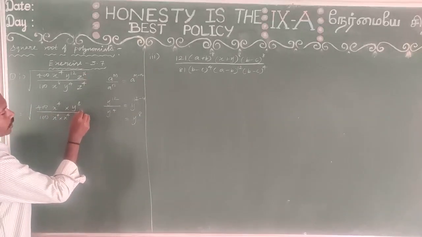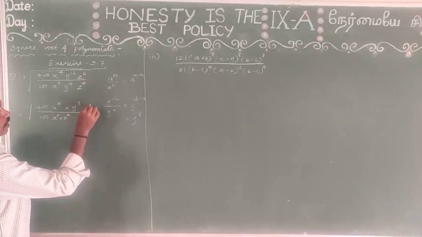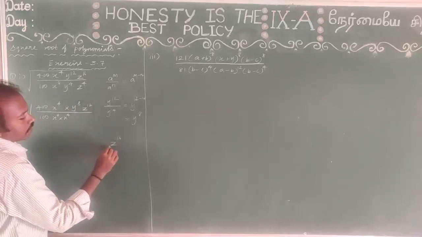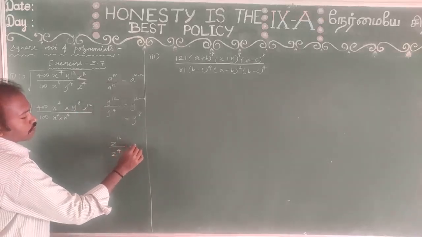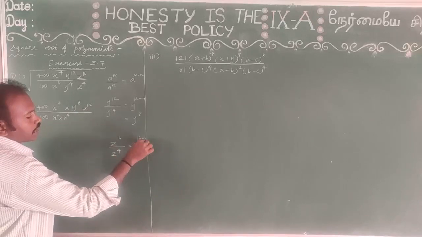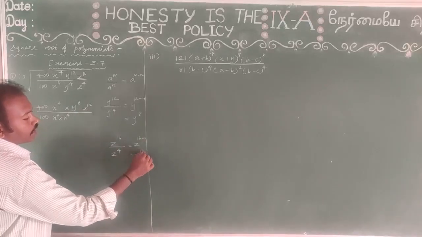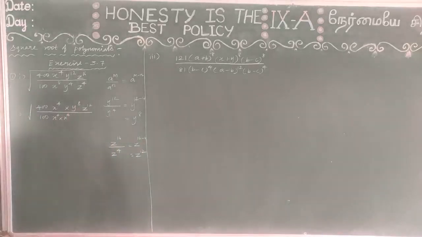Also z to the power 16 divided by z to the power 4 is equal to z to the power 16 minus 4, that is equal to z to the power 12. Right.